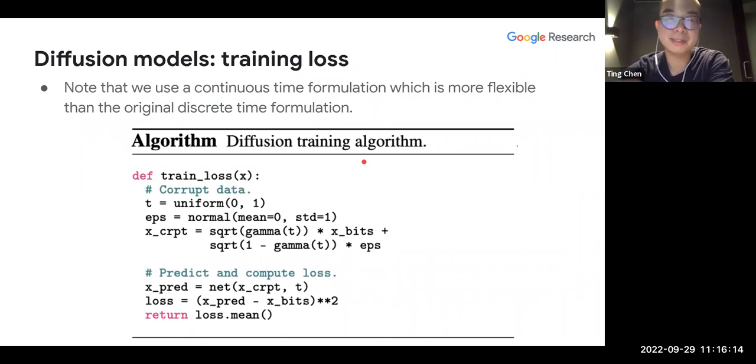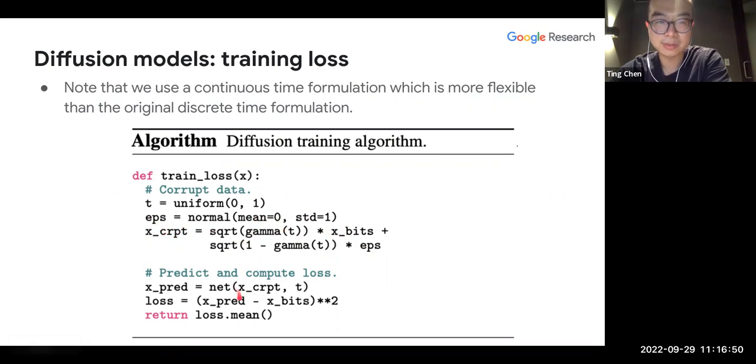Okay, maybe it's a little bit too abstract. Let's look at the exact training loss and the inference or sampling procedure. This is actually quite simple. You take an image or some data point X, and sample a time t between 0 and 1. Then you also sample the noise from a standard Gaussian distribution. Then you do this forward corrupting of the data, as we mentioned before, so you have a noisy state.